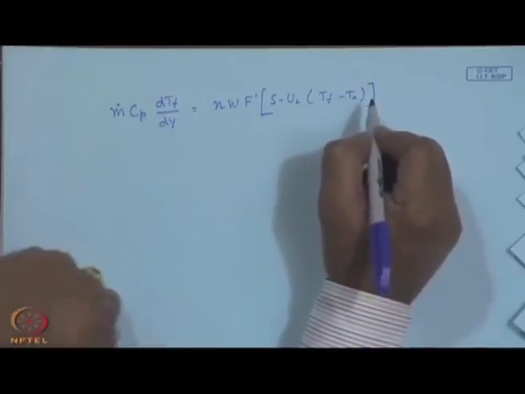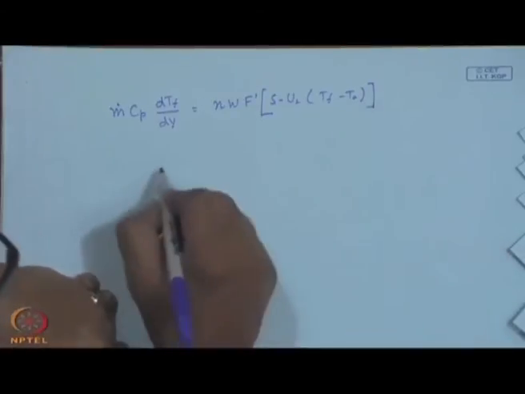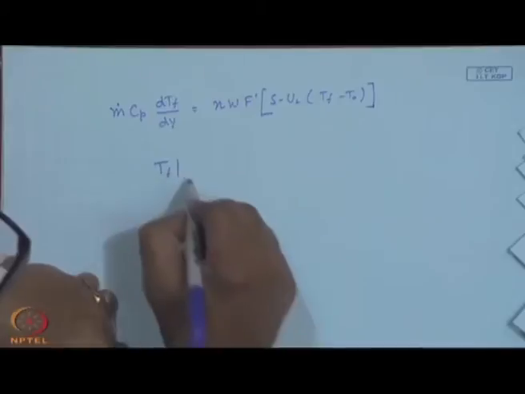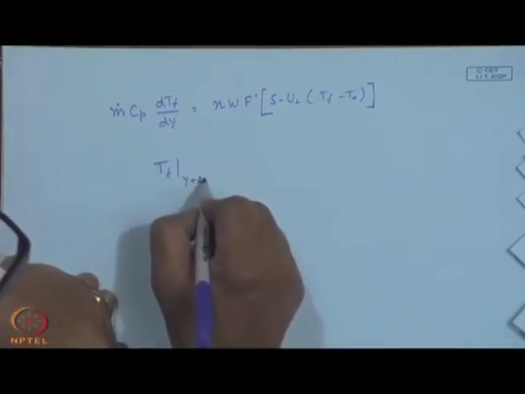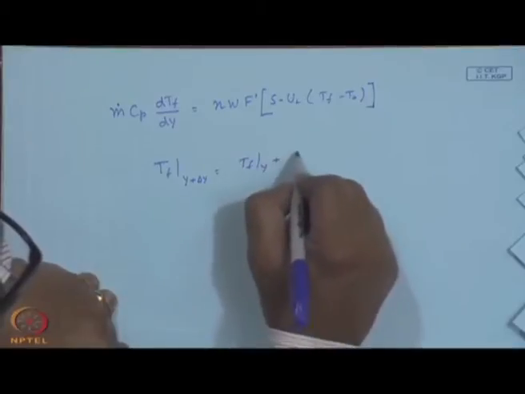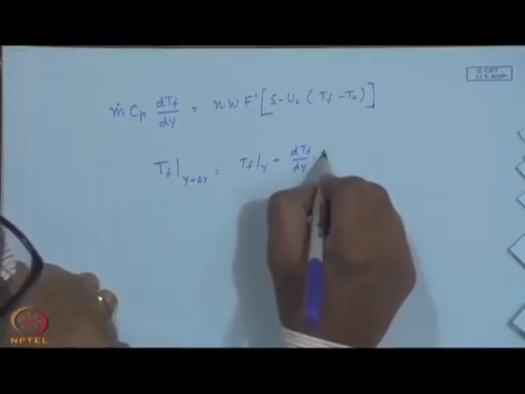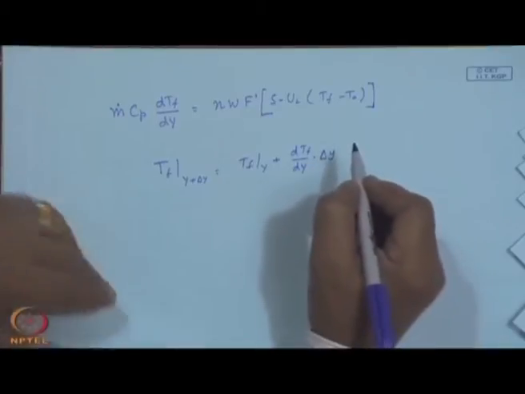We have used the q u equation, and we also have used T f at y plus delta y will be T f at y plus d T f by d y times delta y in writing the balance.